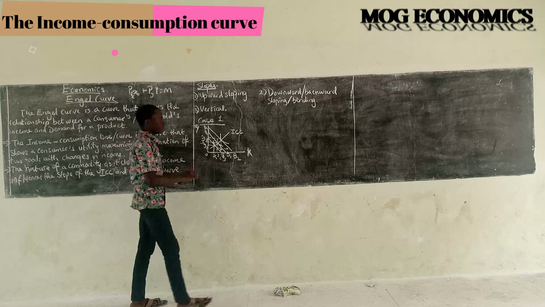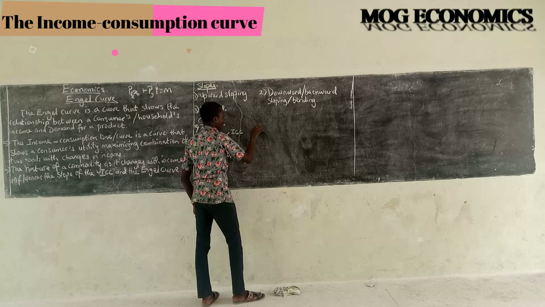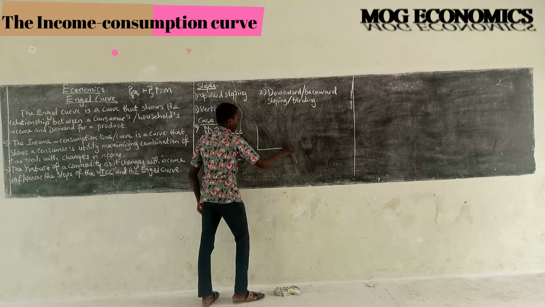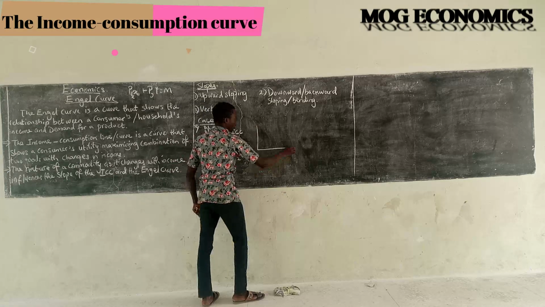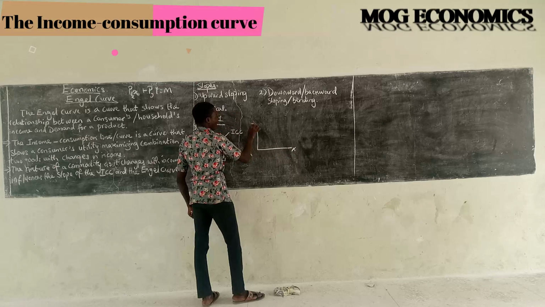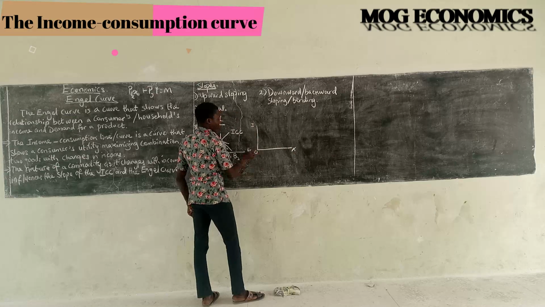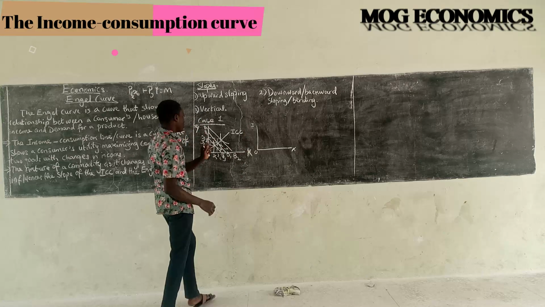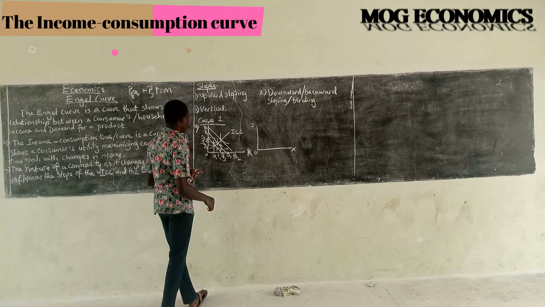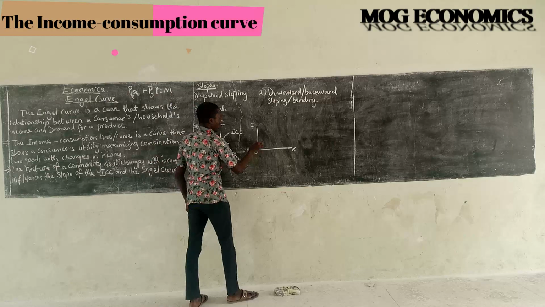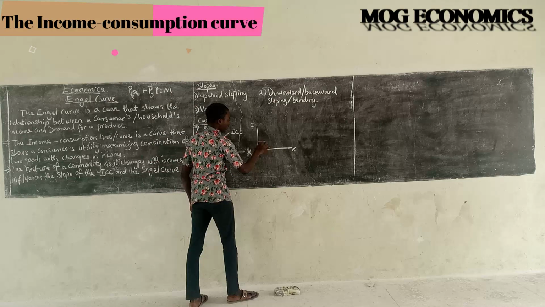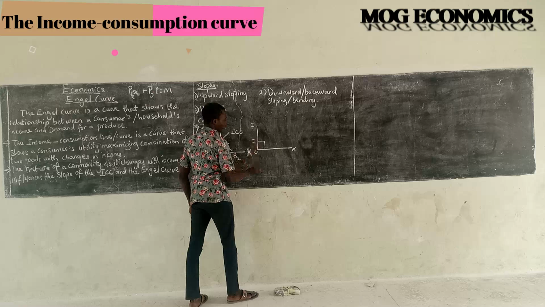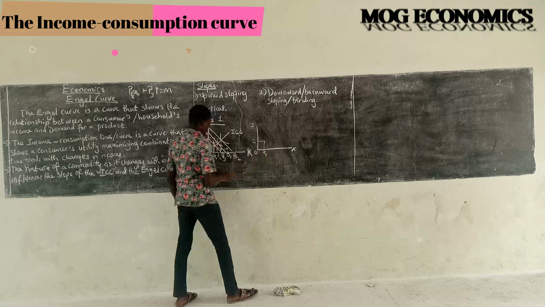Here, if we were to sketch the normal Engel curve, we are talking about commodity x and the income of the consumer. We just use I to denote income. When the income of the consumer was at this point, he consumed x1.